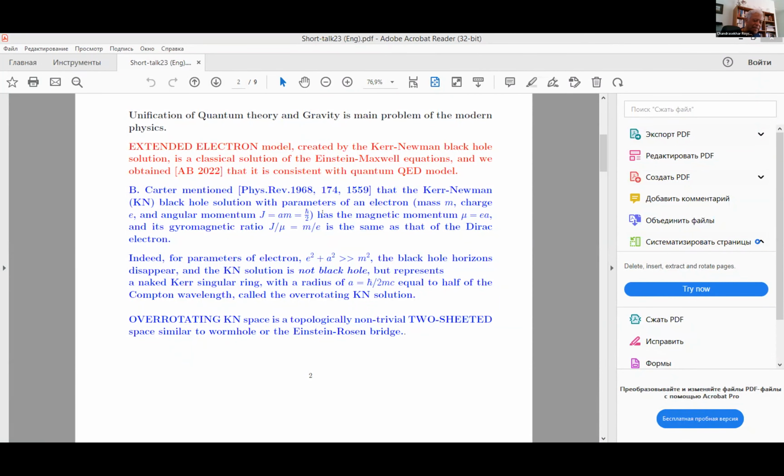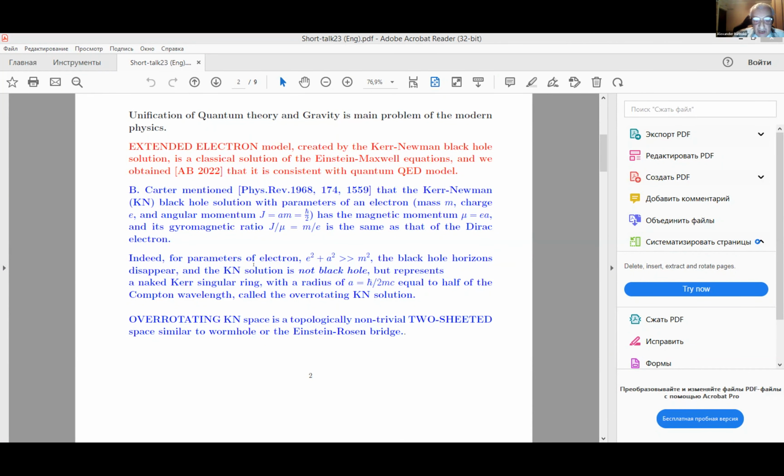Okay, so Carter mentioned in 1968 that the Kerr-Newman black hole solution with parameters of an electron has the magnetic momentum just that of the Dirac electron. Indeed, with the parameters of the electron, the black hole horizons disappear.